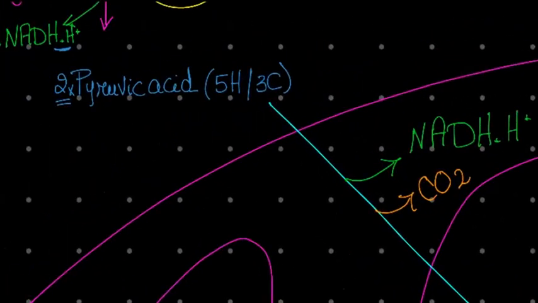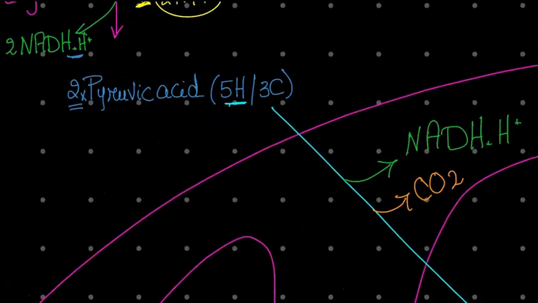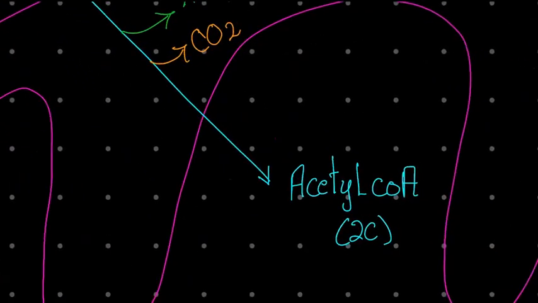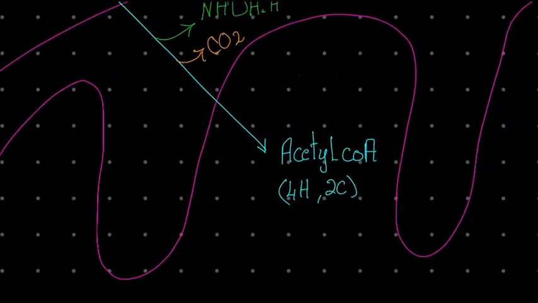Remember, pyruvate did have 5. So when I lose 1, how many hydrogens are still gonna remain in the structure of my acetyl-CoA? Did have 5, I lost 1, so I still have 4 hydrogen.